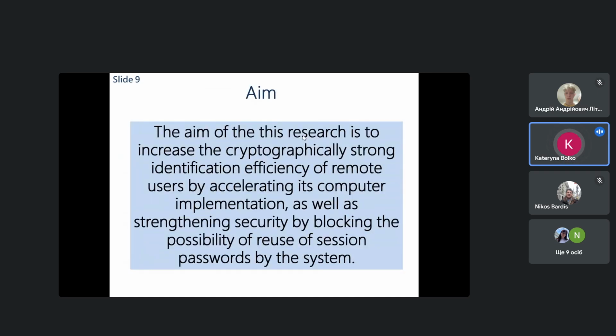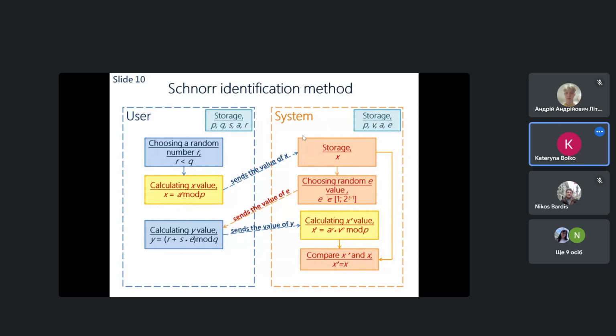The next slide presents the goal of our research. To achieve the goal, a method has been proposed as a modification of the existing Schnorr method. This method is based on modular exponentiation of numbers that are part of the public key and therefore practically do not change.